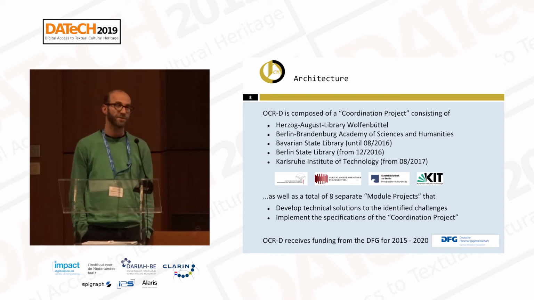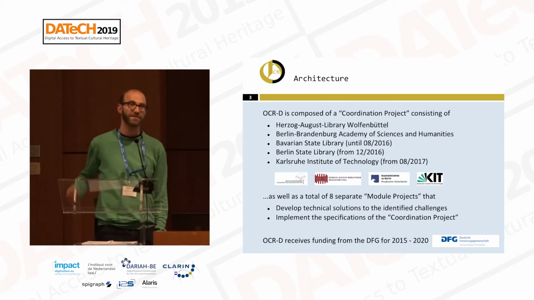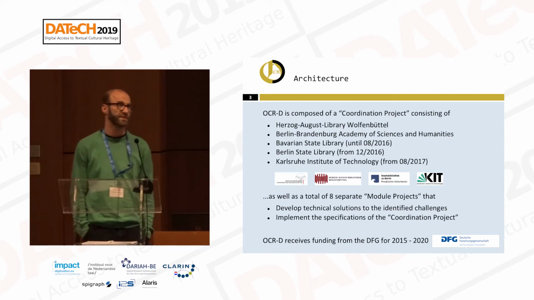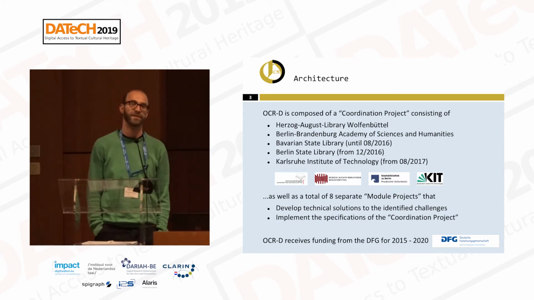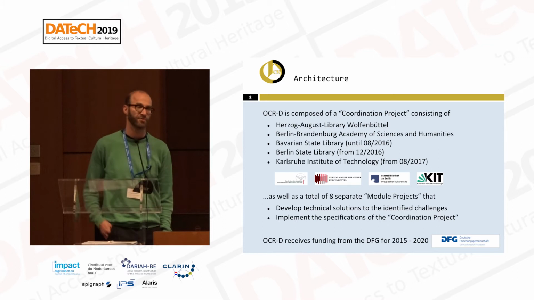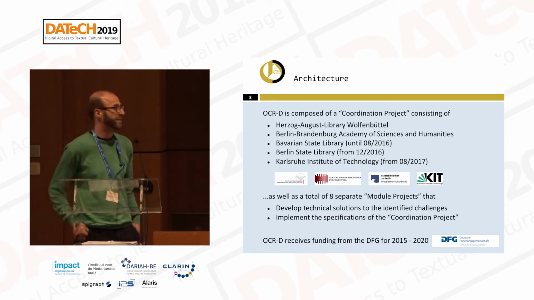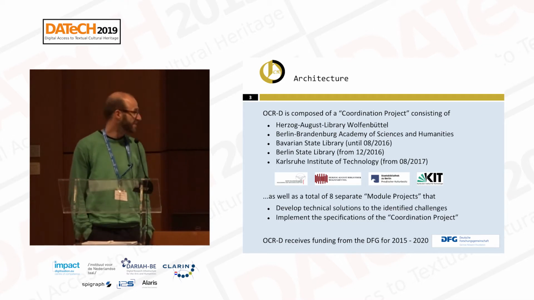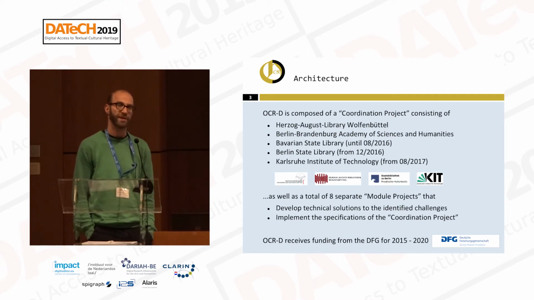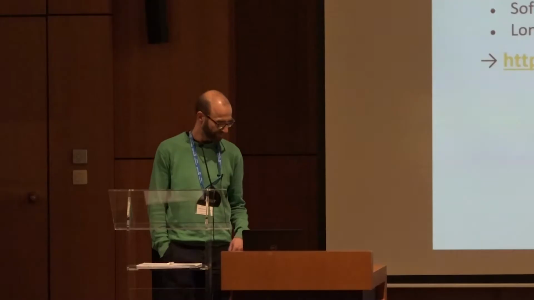And as I've just mentioned, from this coordination group, we did this gap analysis and issued this call for projects that then led to the funding of 8 separate module projects that then target the implementation of the solutions for these problems. And we're currently in this second phase, so to say, which still runs until early 2020, where we will then have the final results of these sub-projects.